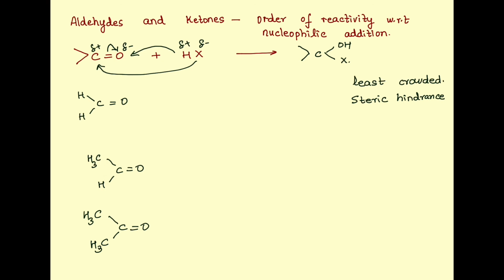So in short, you will find me using, or you will find in a lot of textbooks as well, EWG, that means electron withdrawing group, or EDG, that is electron donating group. That means it is giving, right? Now we know that our carbon here gets positive, right?